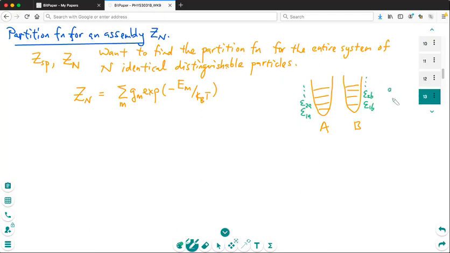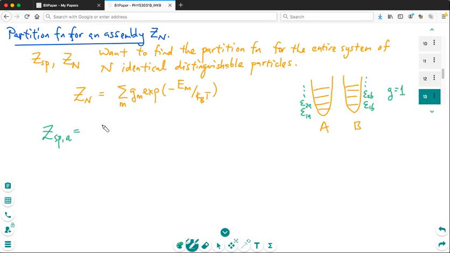Okay, and I'm going to set g to be 1. Okay, it's just a practice. Now the goal is to link these two. So we need to give the expression for single particle for A. Okay.